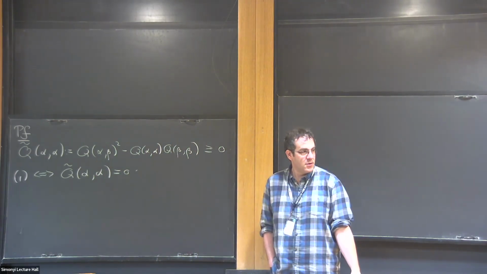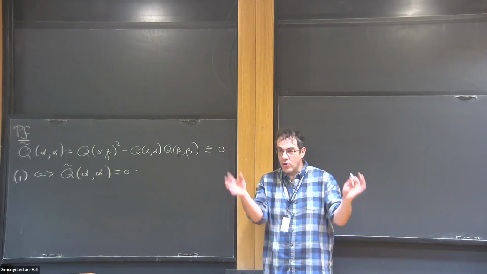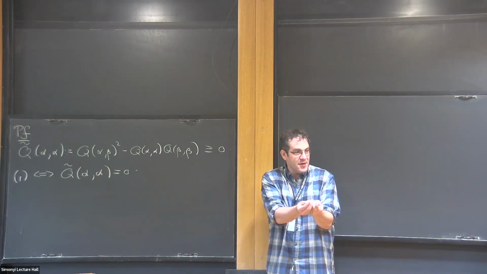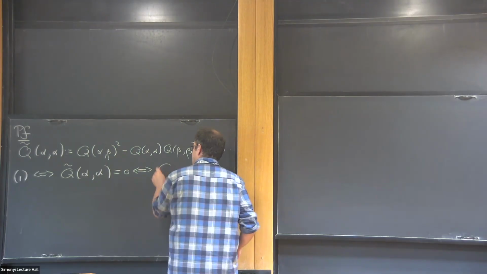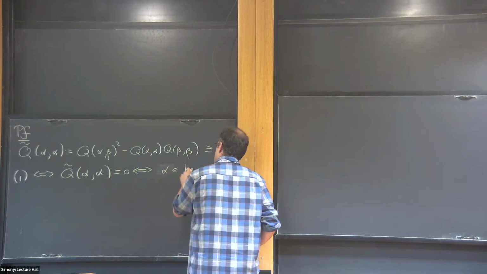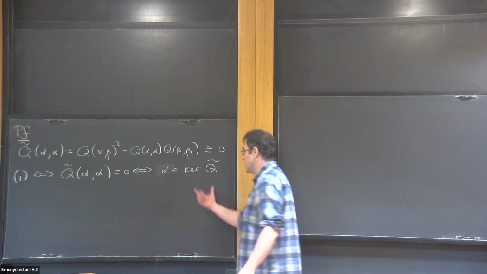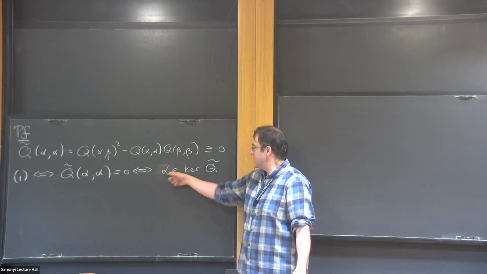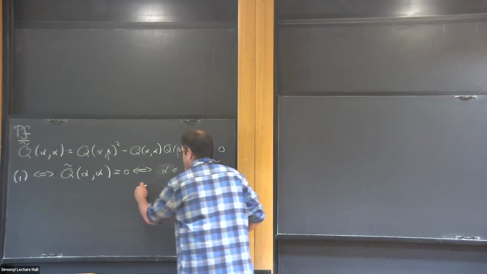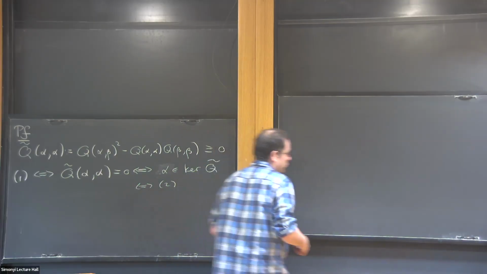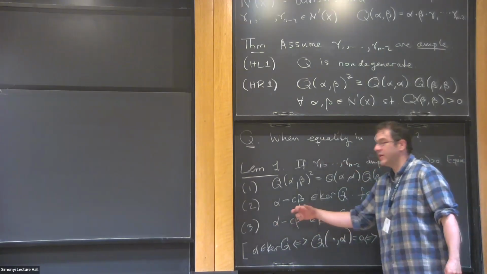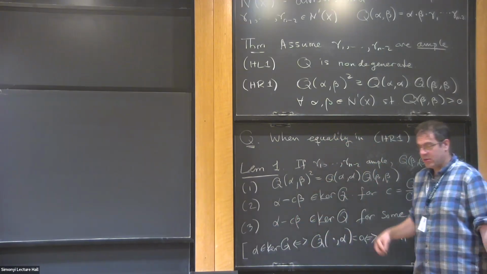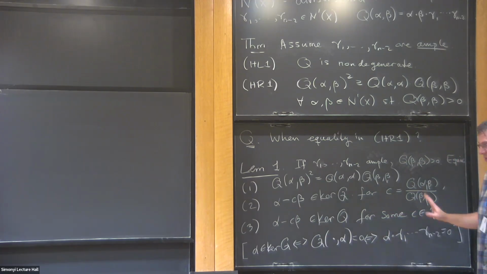But if I have a positive semi-definite quadratic form and an element at which it attains 0, that element must be in the kernel. So that means that alpha is in the kernel of this Q tilde. And if you just check what this means, it's equivalent to what I've written out over here for alpha to be in the kernel of this Q. Just check it, it's exactly what it is.